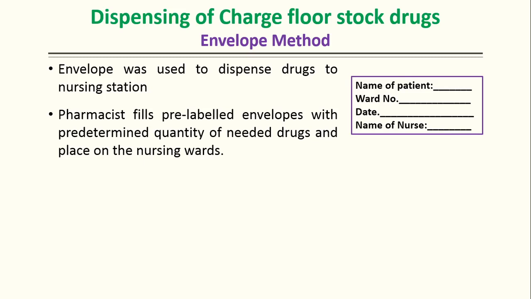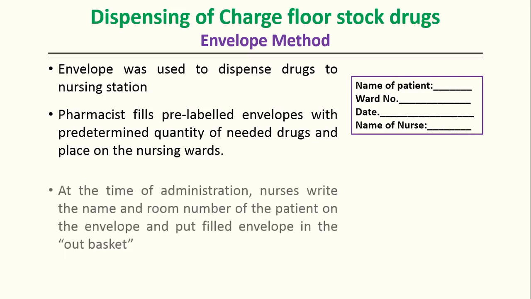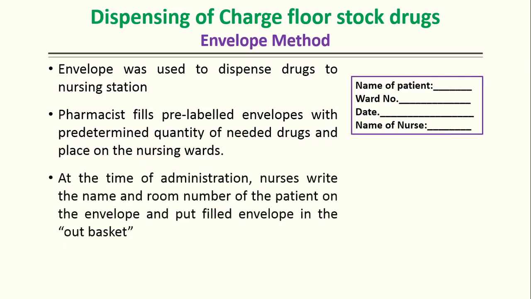At the time of administration, nurses write the name of the patient on this label, along with the room number, the date of administration and the name of the person who actually gave the medicine to the patient.